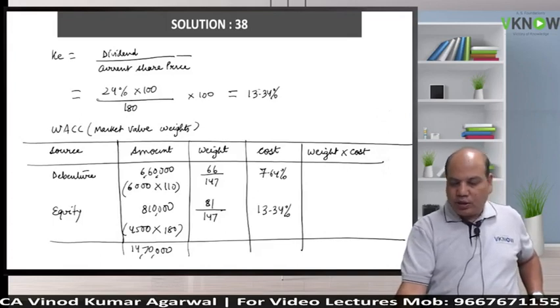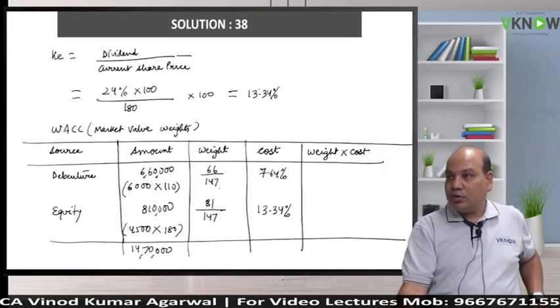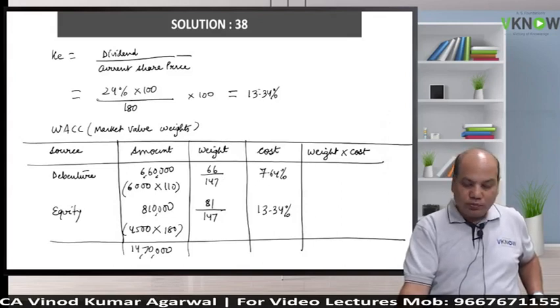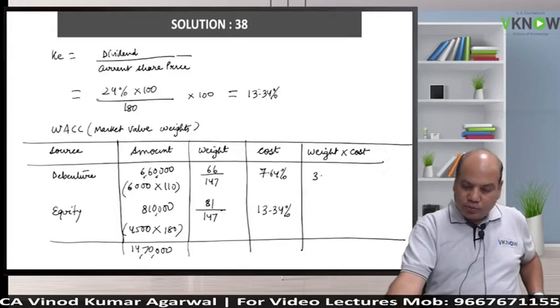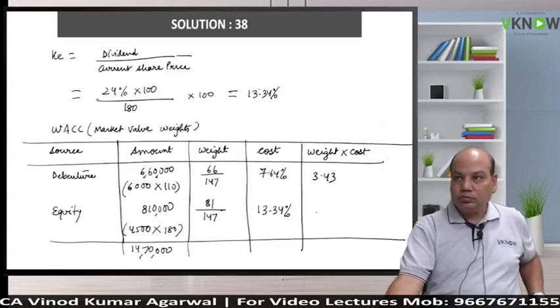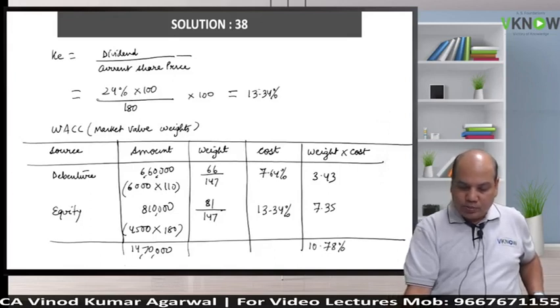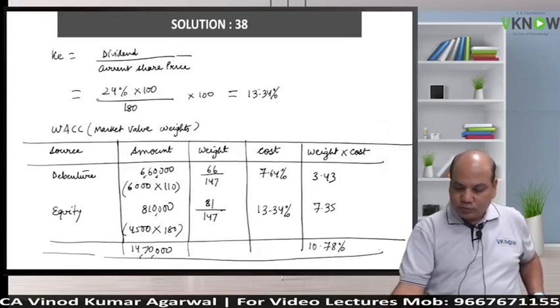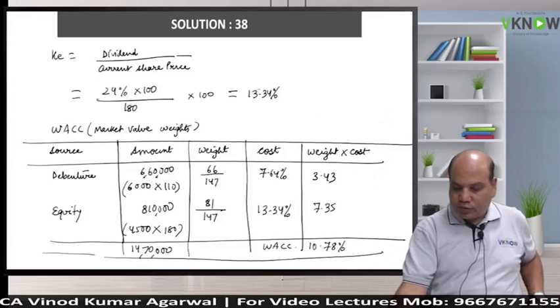So on your calculator, multiply 66, divide by 147, into 7.64, it is equal to 3.43. 81 divided by 147 is 7.35, into 13.34 is 7.35. Total 10.78. So 10.78%. This is your WACC.